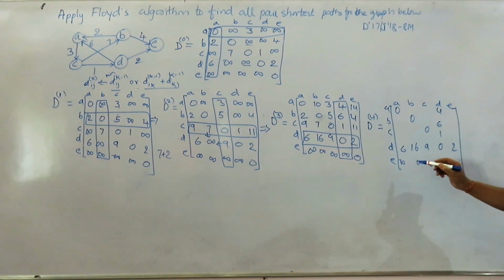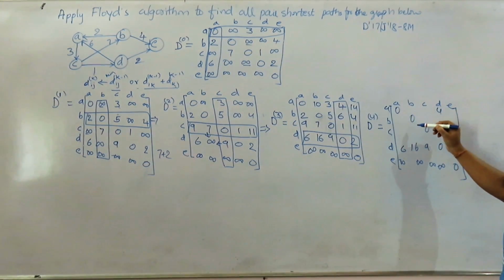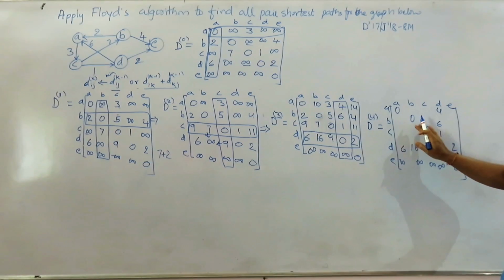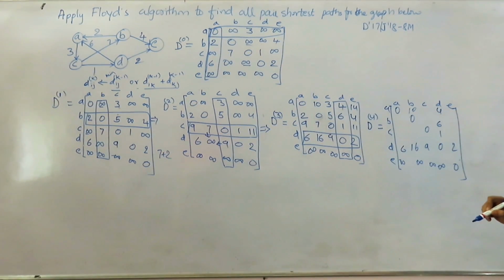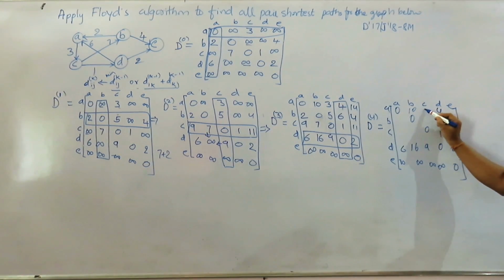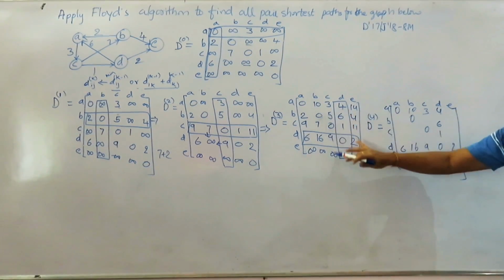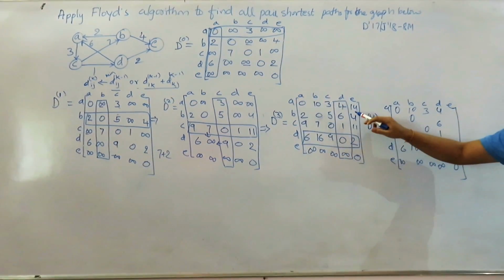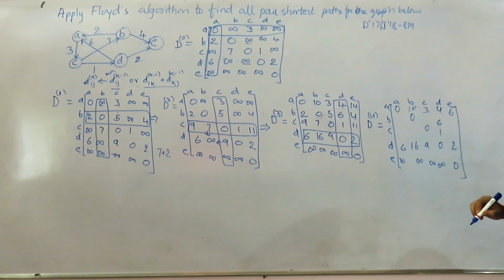Now, this is 0, and for this entry, 16 plus 4 is 20. The earlier value is 10, so 10 we need to consider. 9 plus 4 is 13. 3 is there, so 3 we need to consider. And 4 plus 2 is 6. The earlier entry is 14. So 6 is less than 14, so we have to update this.